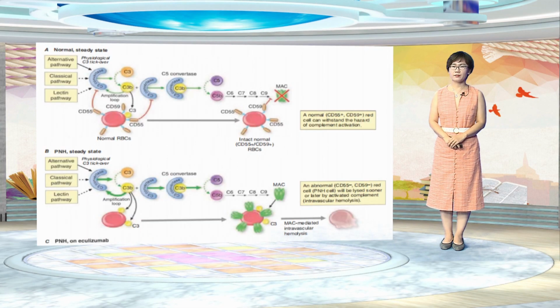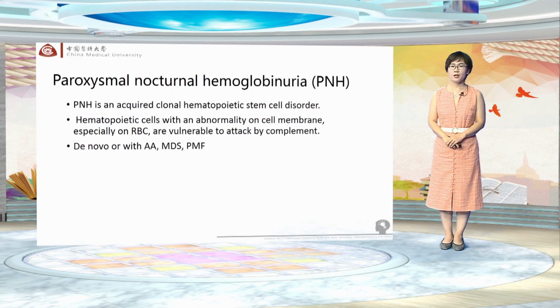In the steady state, PNH erythrocytes suffer from spontaneous complement activation, with consequent intravascular hemolysis through formation of the membrane attack complex. When extra complement is activated through the classical pathway, an exacerbation of hemolysis will result.